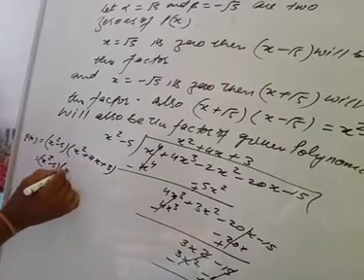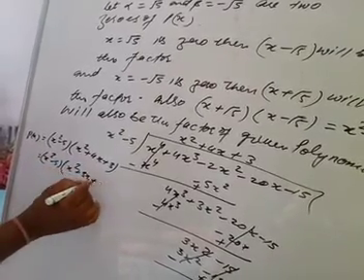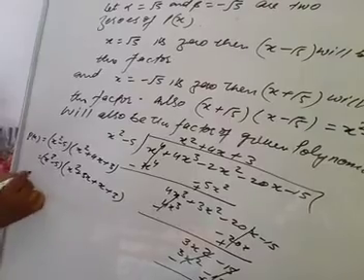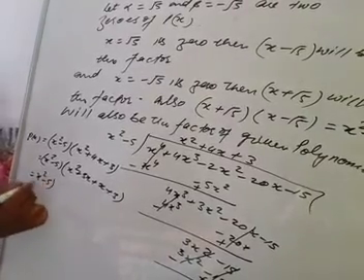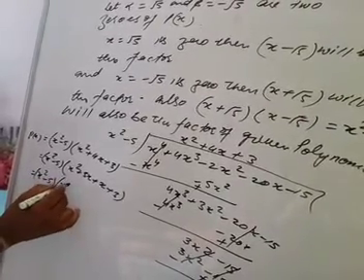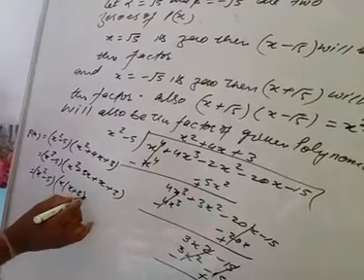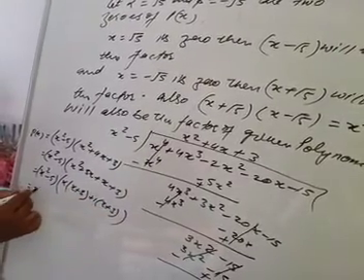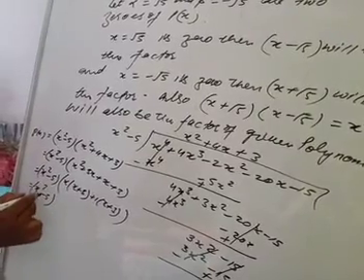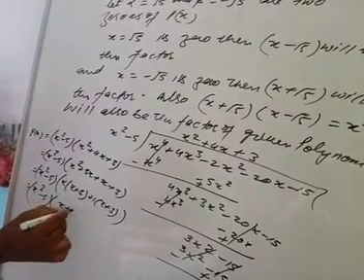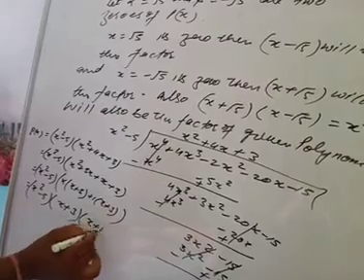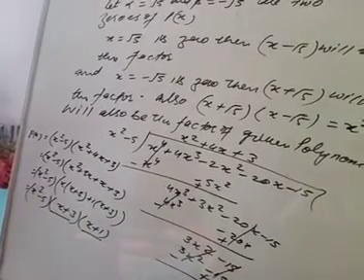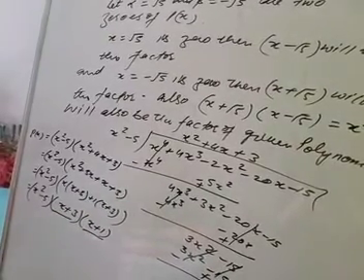When we factorize, it will be x square plus 3x plus x plus 3. We take x common, so x plus 3, plus 1 means x plus 3 we will get. It will be x plus 3 and x plus 1. So these are the other two factors.